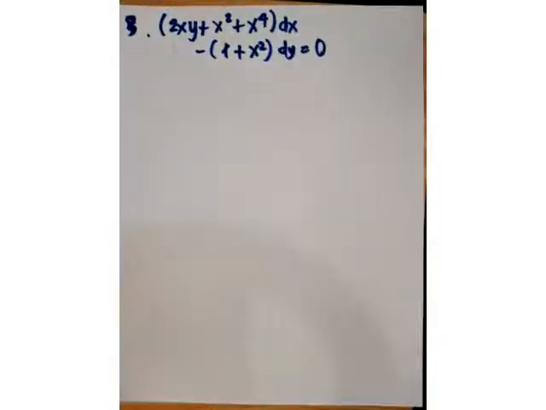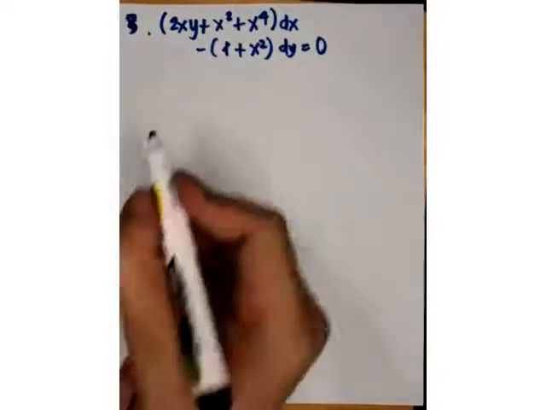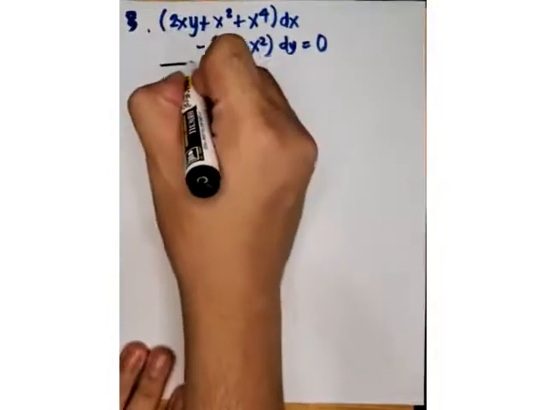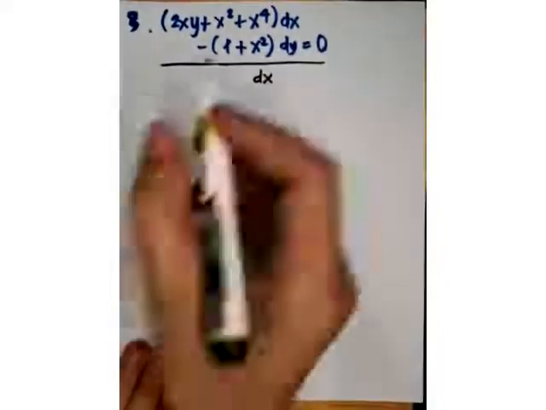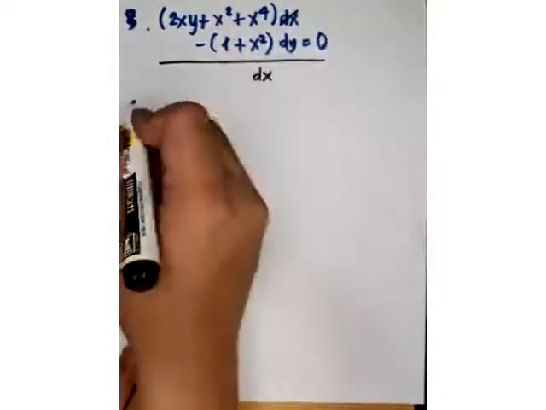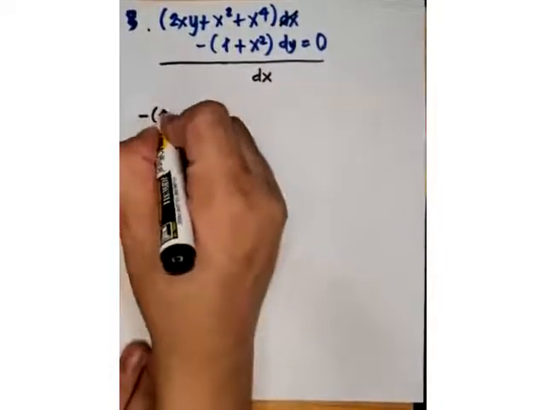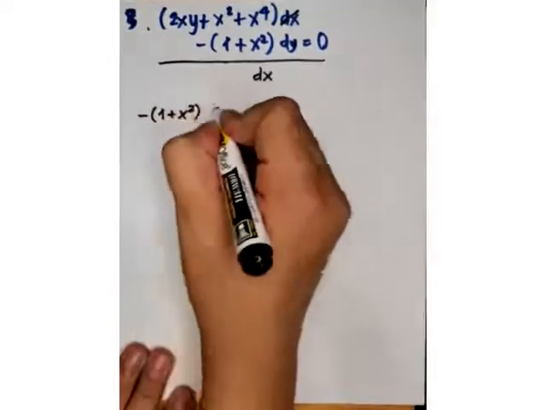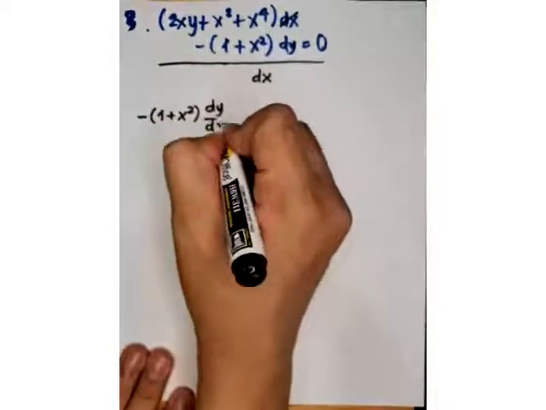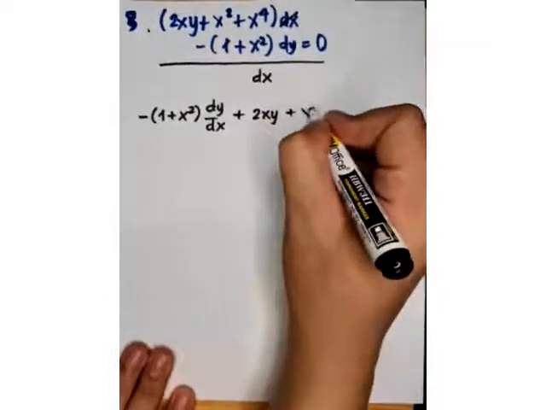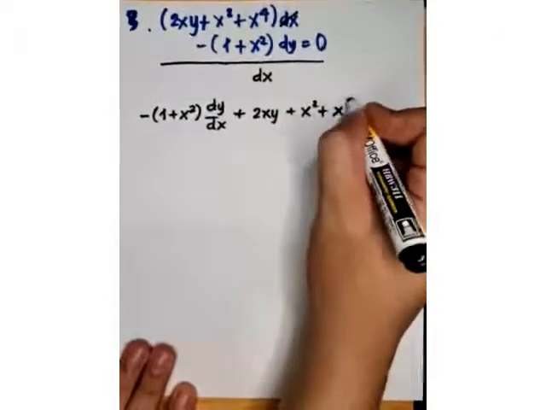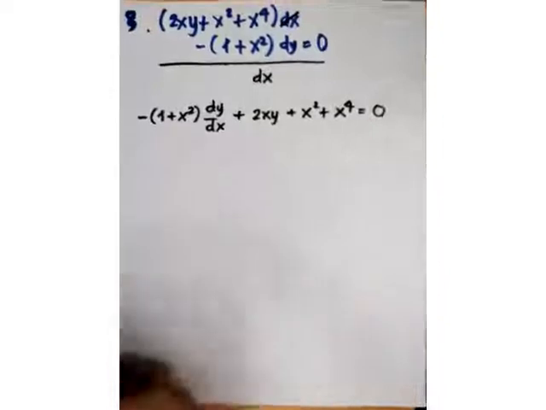Ayan. So ano muna natin gagawin? So gumawa muna tayo ng dy over dx. Okay, so that means let's divide the whole equation by dx. Okay, para makancel ito. And then we'll have negative 1 plus x squared dy over dx plus 2xy plus x squared plus x to the fourth is equal to 0.